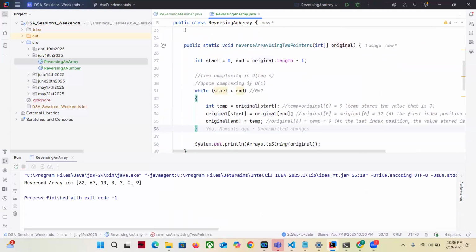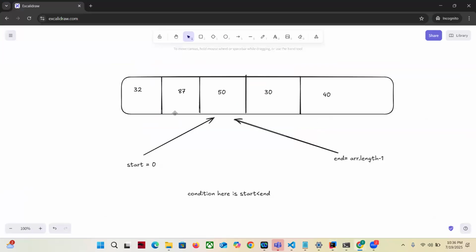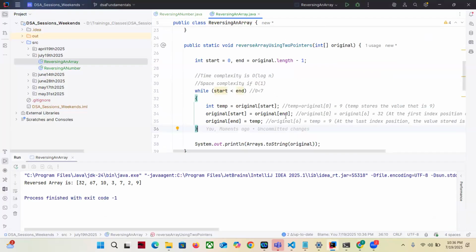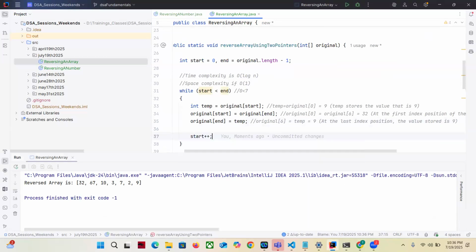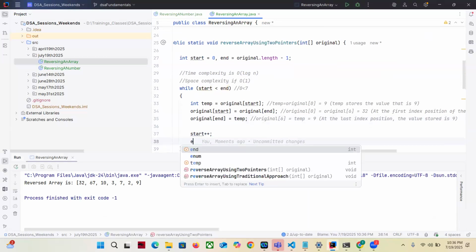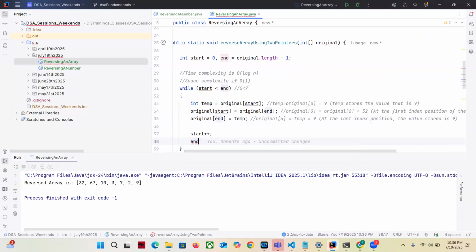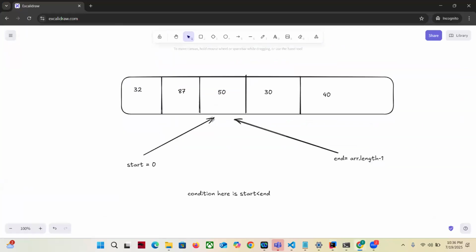Okay, got it. And there is one more thing. What we are doing here is incrementing the position of start and decrementing the position of end, right? So we have not done that. Start should be going ahead and end should be minus minus. Got it? What did we do in this diagram?